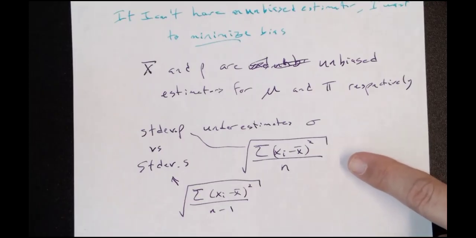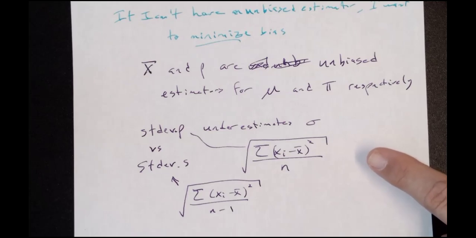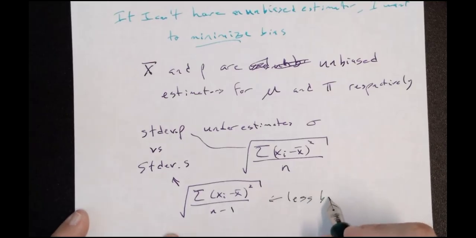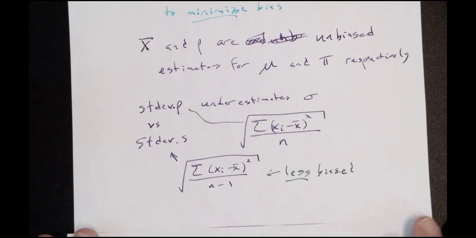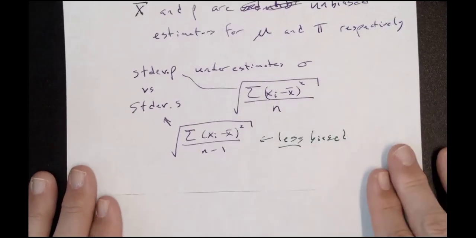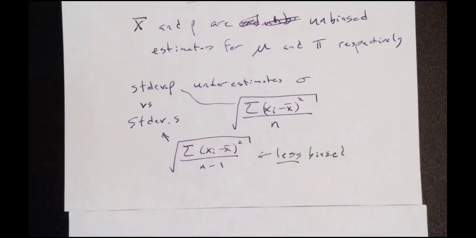This was the one everybody wanted to use, but it turns out to routinely underestimate. So to correct for that, we divide by something smaller, making the number a little bit bigger. And that minimizes our bias. It's not perfect, but it is less biased. Questions?